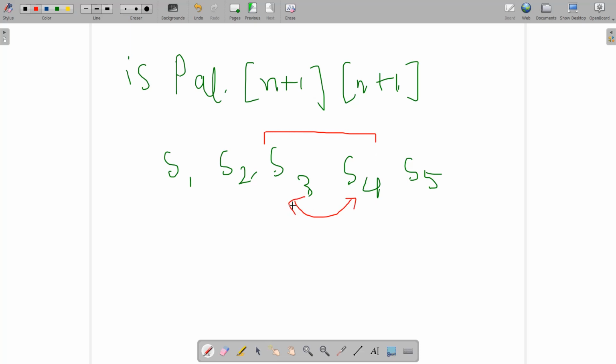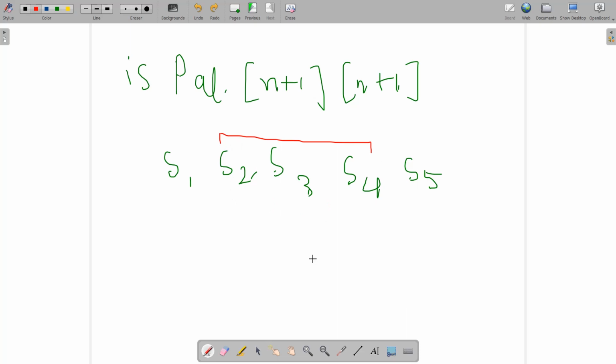What will happen for a substring of 3 length? I will call this a palindrome when S2 matches with S4 and the inner substring, excluding the lth position and rth position, is a palindrome. Then only this entire substring is a palindrome. Okay, this is the concept I am going to use.